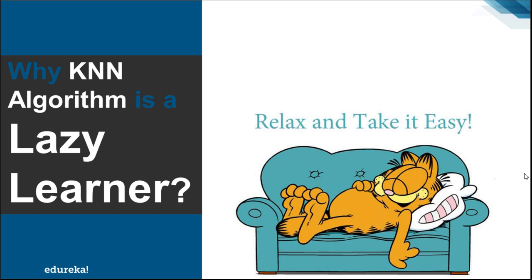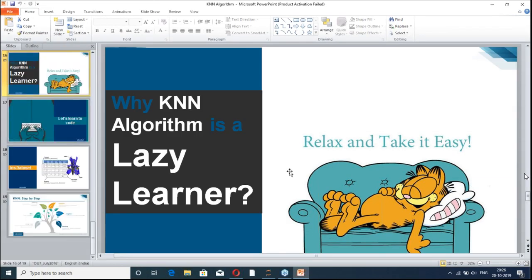Okay, great. Now there is one very good thing, or you can say bad thing at the same time: we call the KNN algorithm a lazy learner. So relax and take it easy. That is the fun of the K nearest neighbor algorithm.